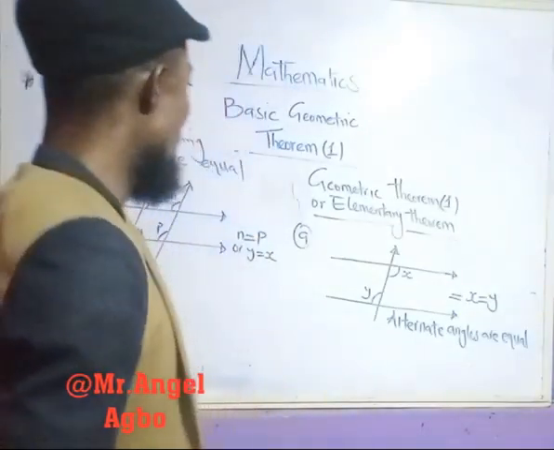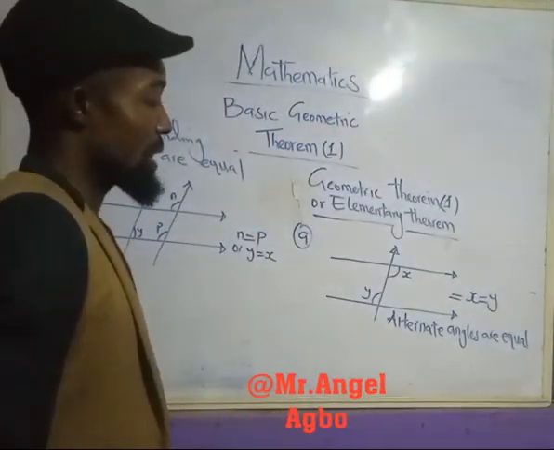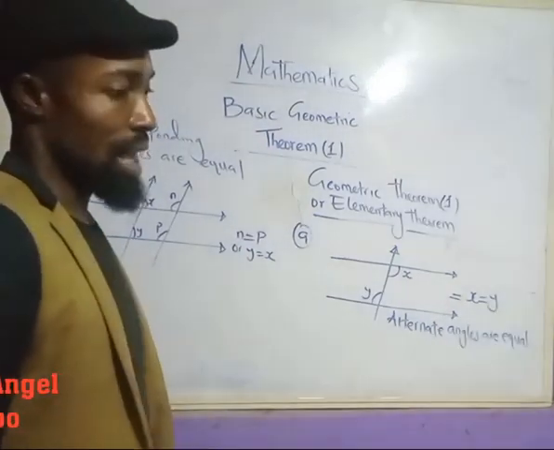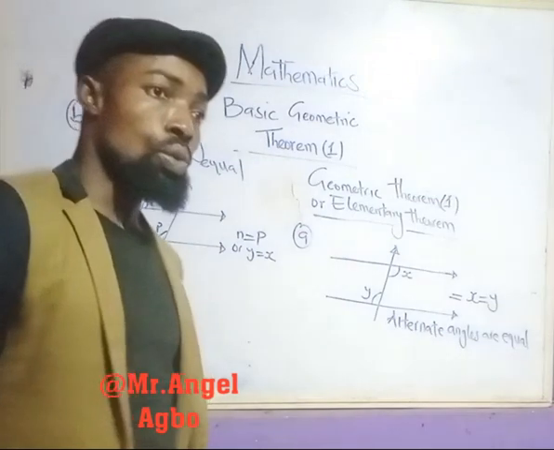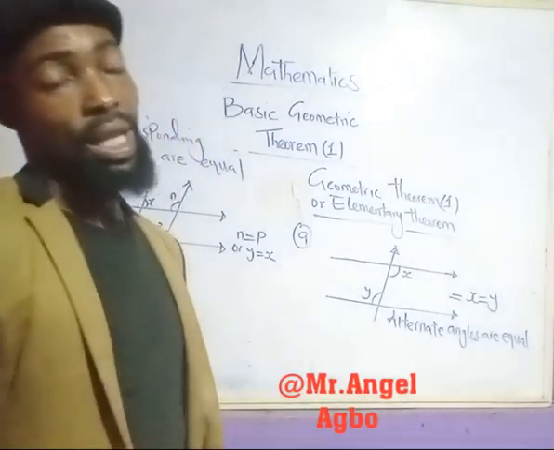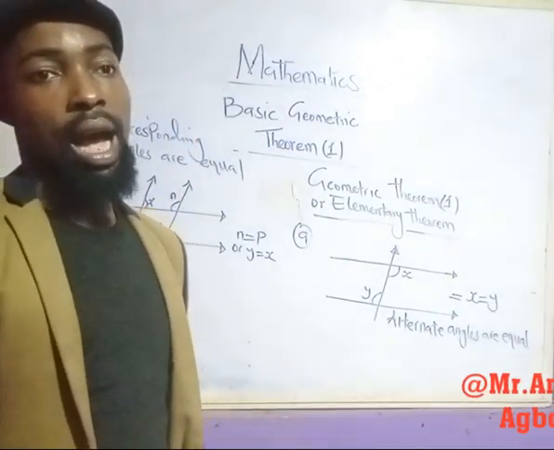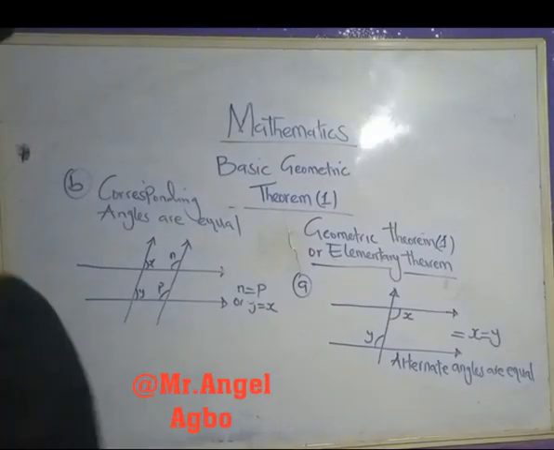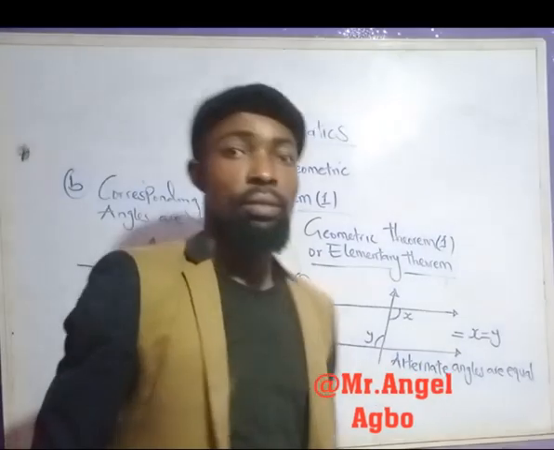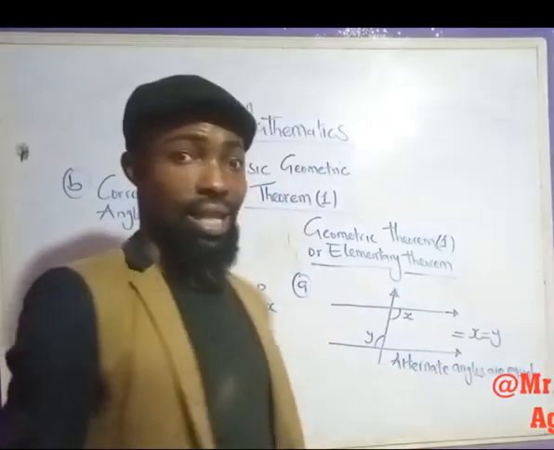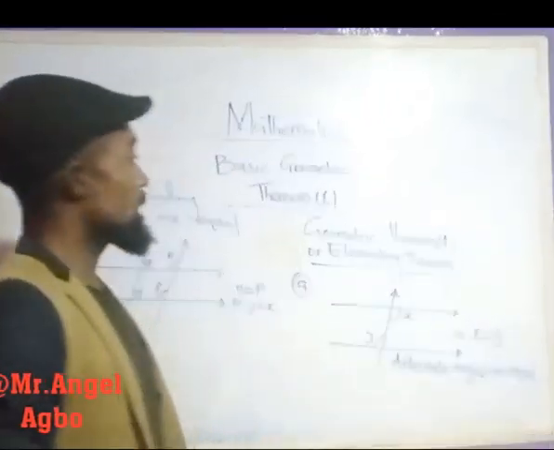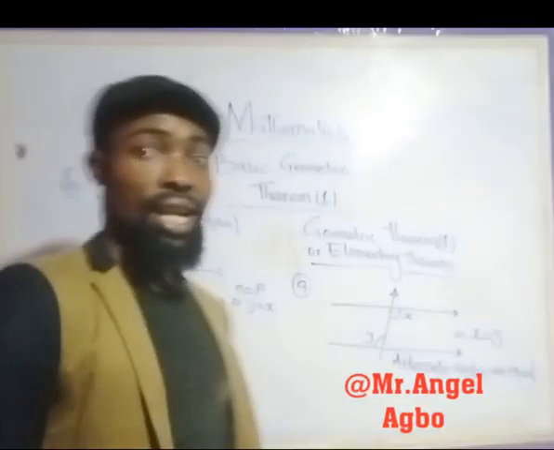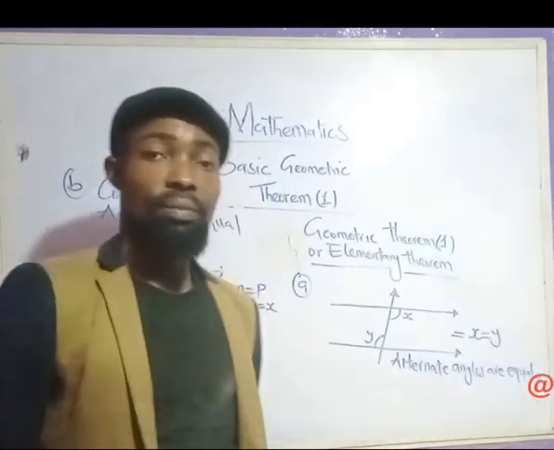So anytime you have them, remember that the theory proved that alternate angles are equal, and corresponding angles are also equal. Now we are going to look at number 3 under this elementary theory, that says vertically opposite angles are equal.